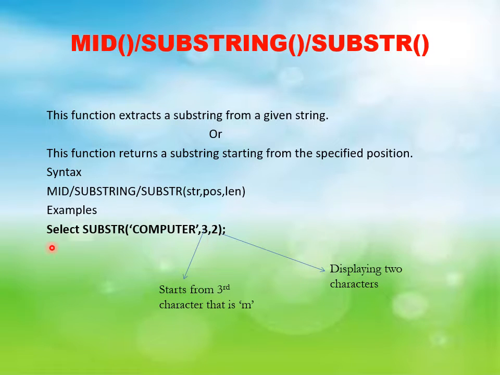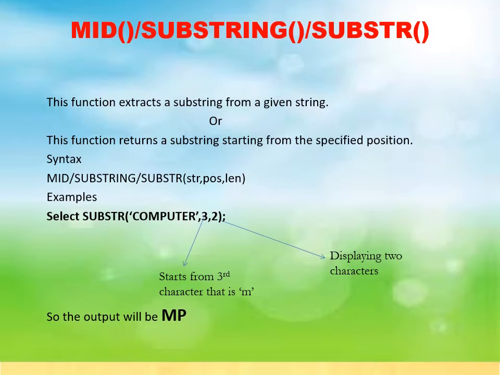You can see here 3 is the starting character and it displays 2 characters only according to the parameter. So the output will be MP: 1, 2, 3, third position is the starting position, and it will count a total of 2 characters from here, M and P, so the output will be MP.